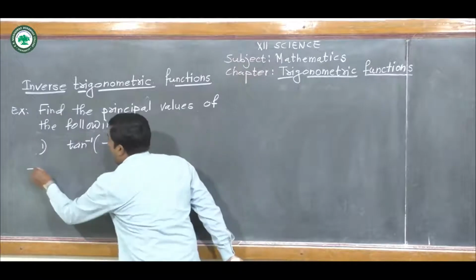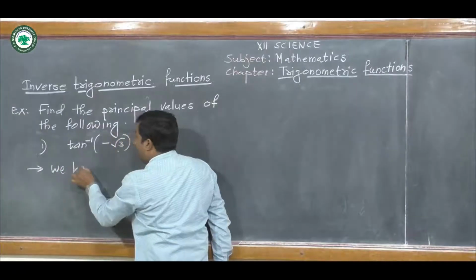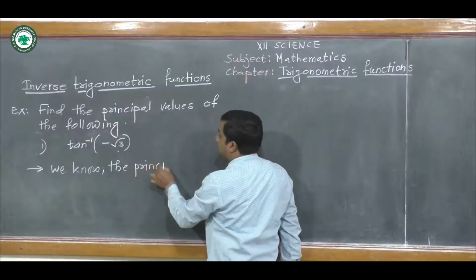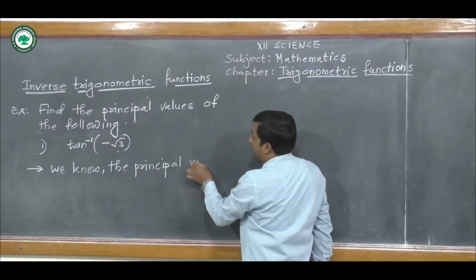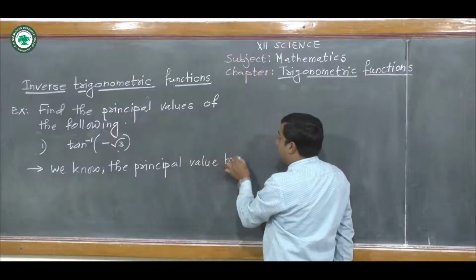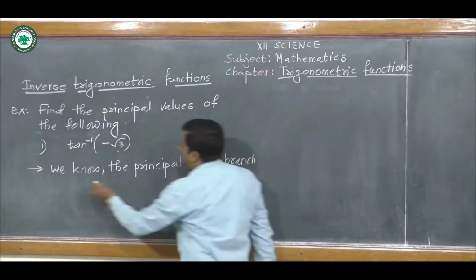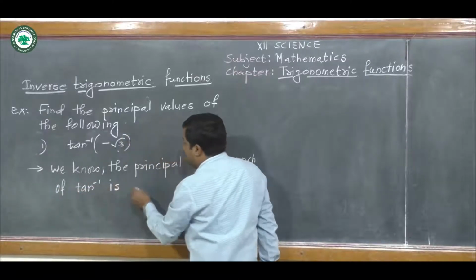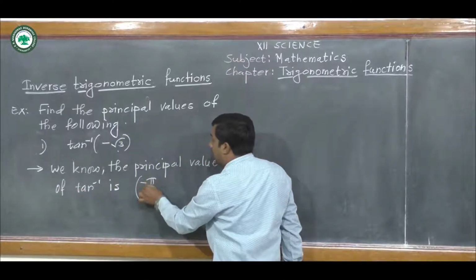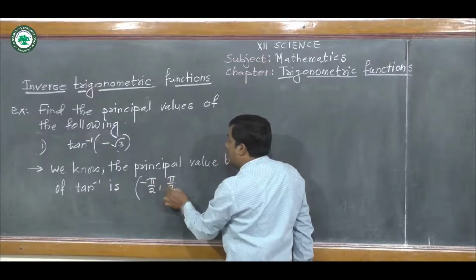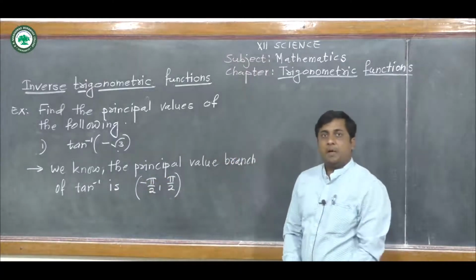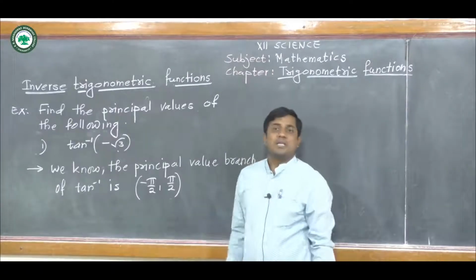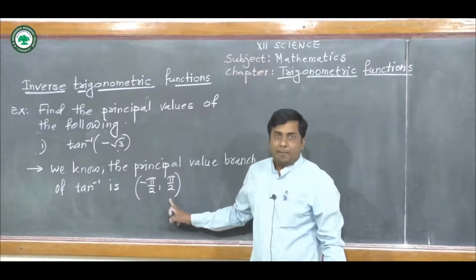We know the principal value branch of tan inverse is the open interval minus pi by 2 to pi by 2. Our principal value lies in this open interval minus pi by 2 to pi by 2.